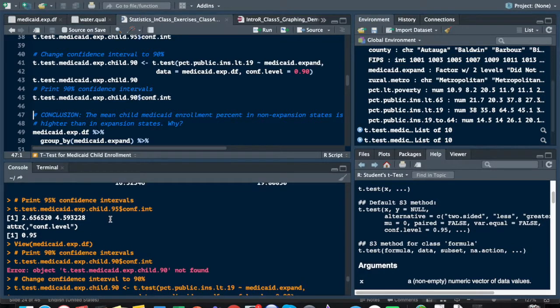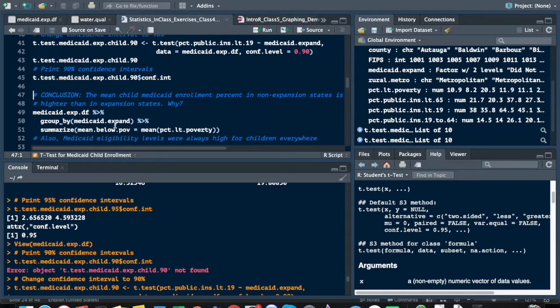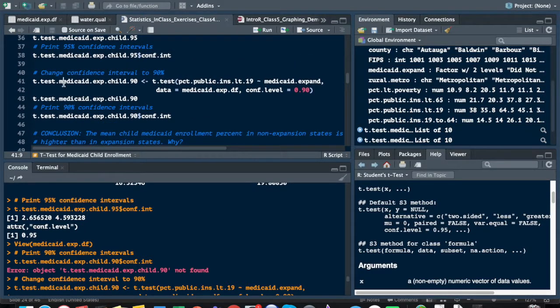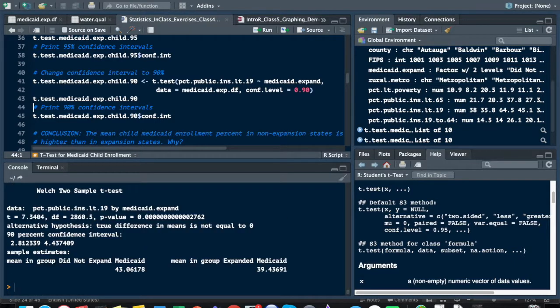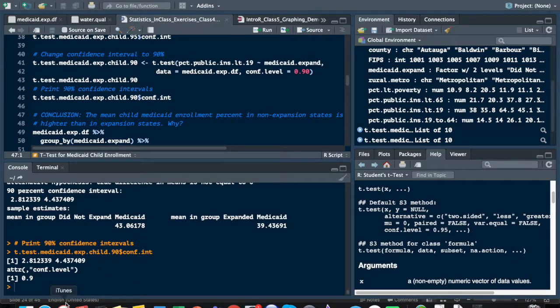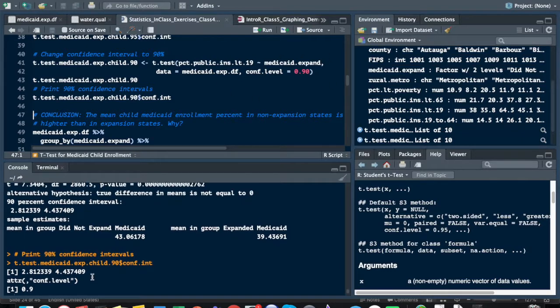In this case, I also wanted to show you what a 90% confidence interval would look like. If you want to change the confidence level, you would put conf.level equals 0.9. I wanted to show you the difference so I can reiterate what a confidence interval is.